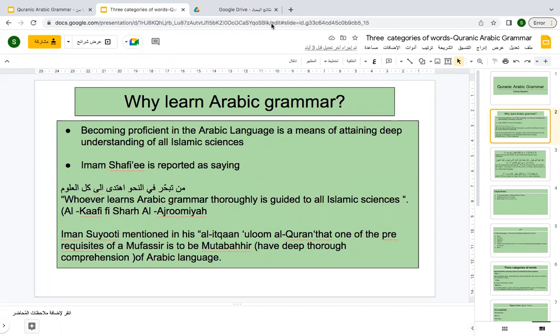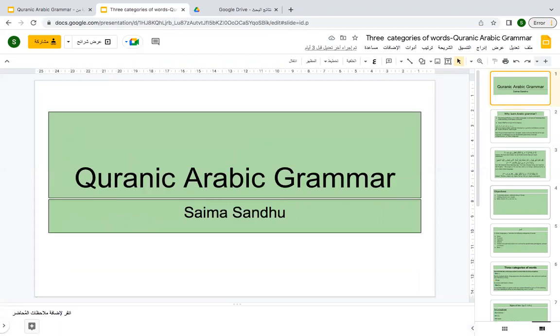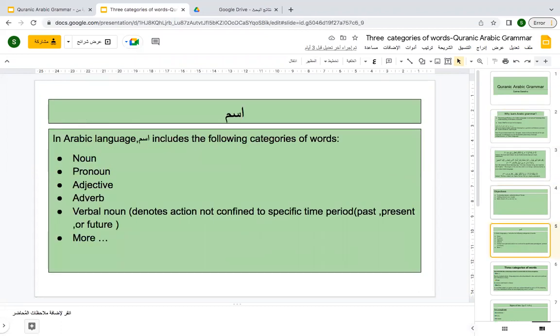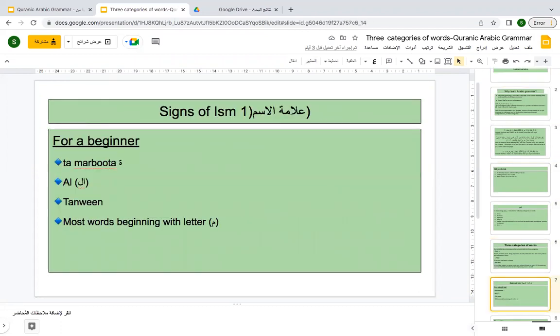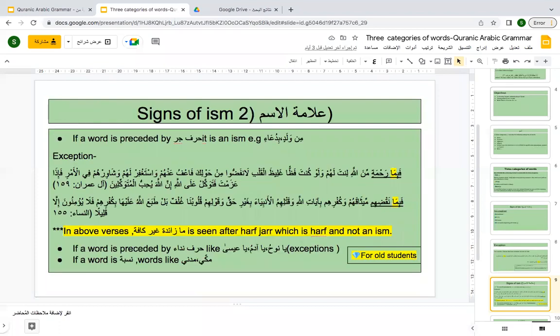There were 2 other signs. For those of you who have gone through the slides that I have sent in the group, you must have seen there was another slide that was talking about signs of ism as well. There are certain huruf in the Arabic language. When you see them before your word, your word is going to be an ism.